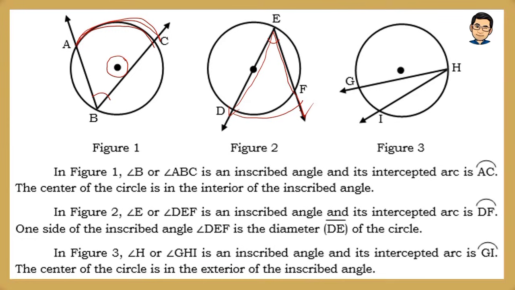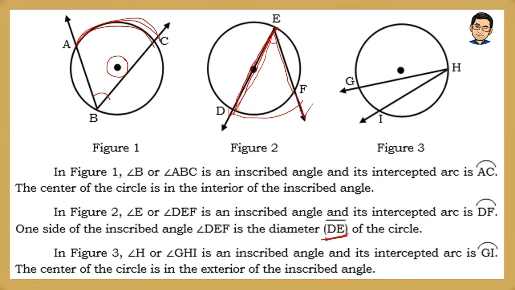One side of the inscribed angle DEF is the diameter of the circle. So, one side of our inscribed angle is the diameter of the circle, which is line segment DE.